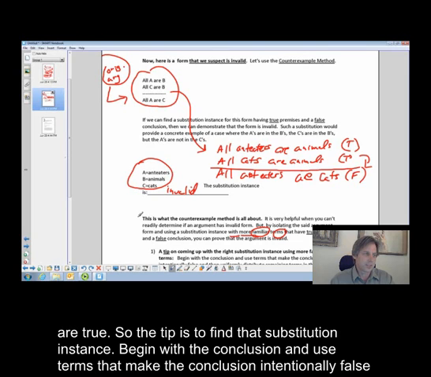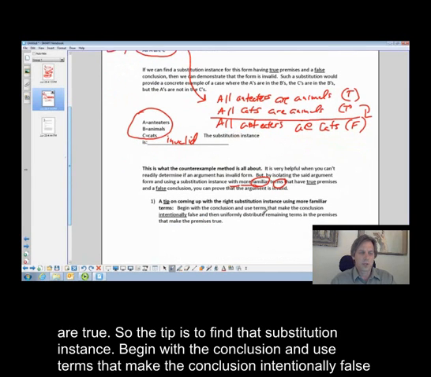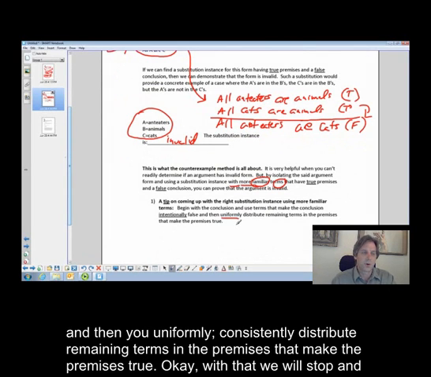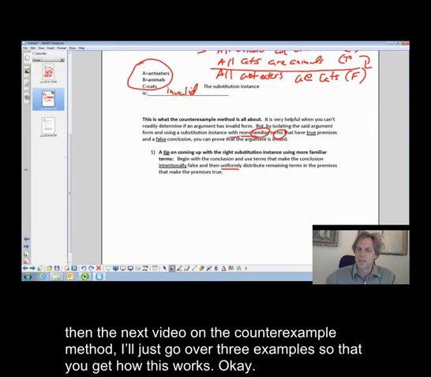So the tip is to find that substitution instance. Begin with the conclusion and use terms that make the conclusion intentionally false, and then uniformly, consistently distribute remaining terms in the premises that make the premises true. Okay? And with that, we'll stop, and then the next video on the counterexample method, I'll just go over 3 examples so you get how this works. Okay?